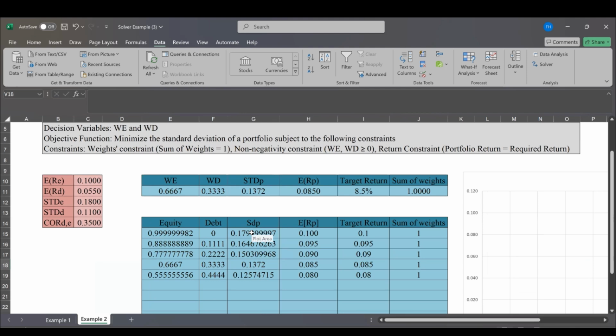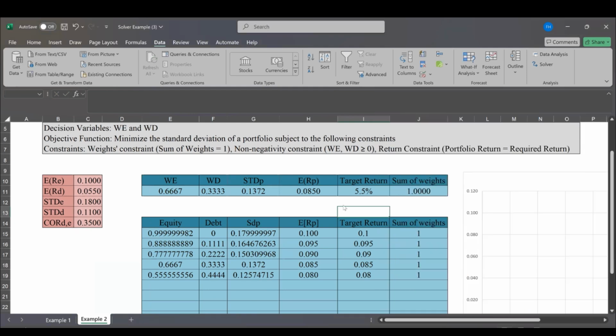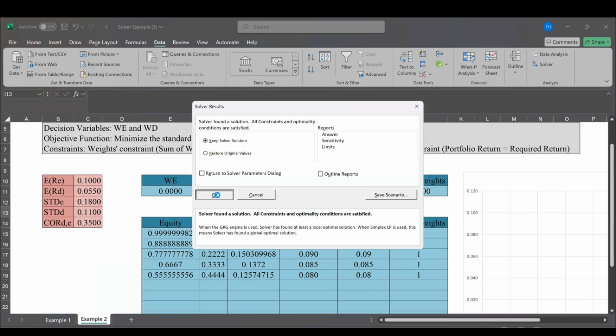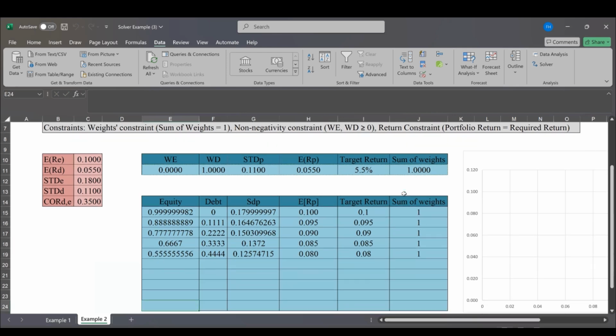I'm gonna do this for 5.5 and 6%. So let me do 5.5%. So of course here the solution is to allocate everything to that. So I would copy that solution and paste it in that second table.